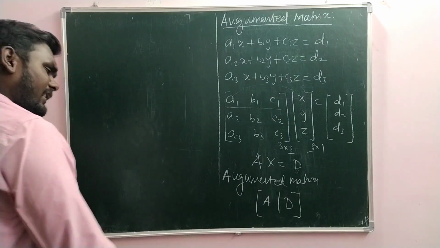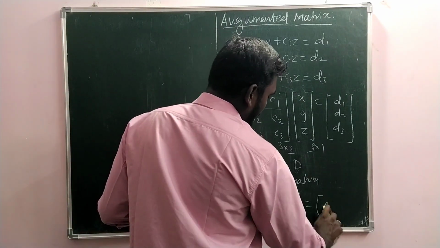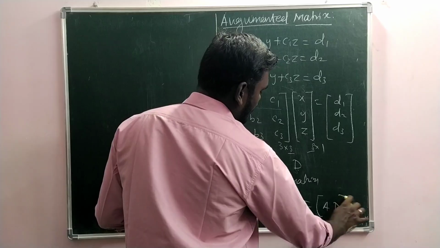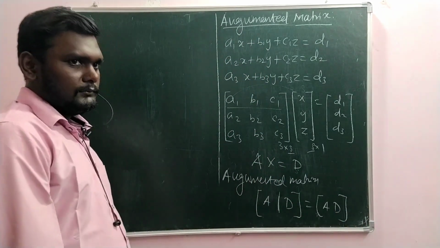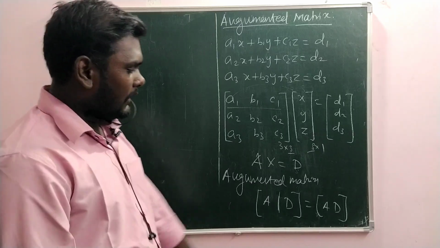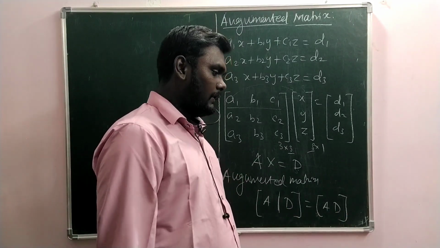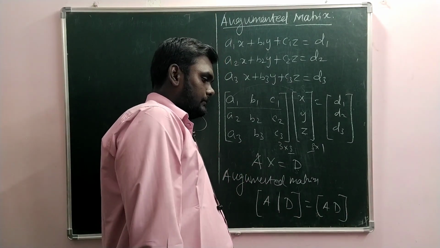Some authors may write AD, but it doesn't mean multiplication. Inside the matrix, we are writing both together. That is what we call an augmented matrix.